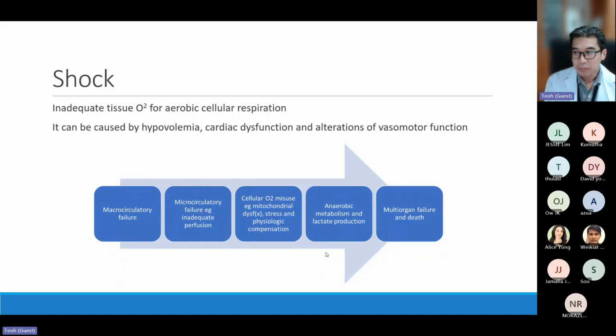Microcirculatory failure basically means reduced perfusion in the microcirculation, the smaller vessels. So one good example is acute tubular necrosis. The kidneys are the first organ to go down because of the shock.